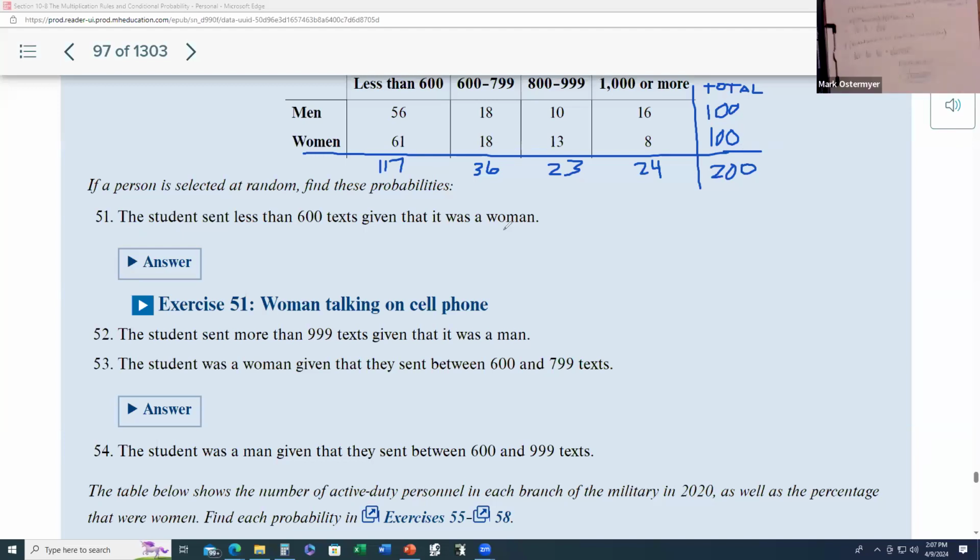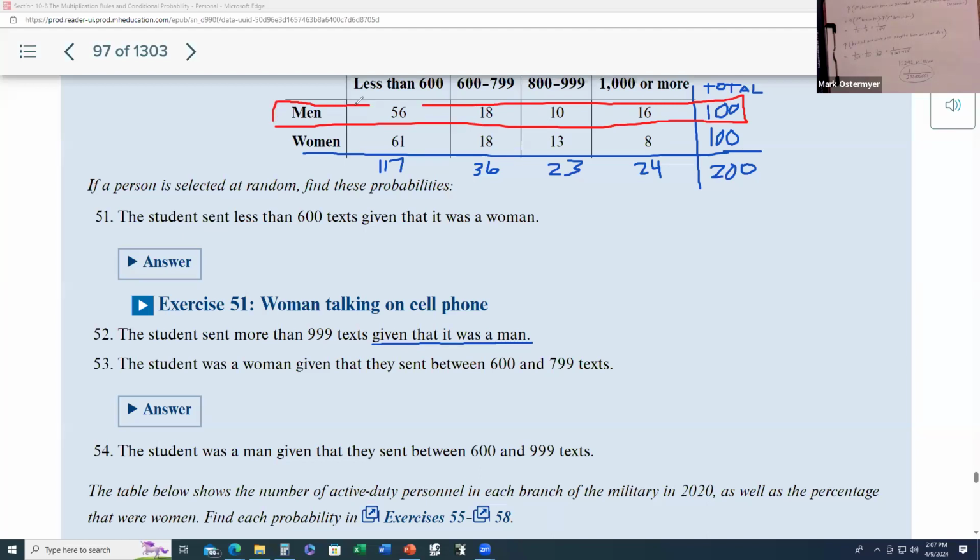All right, ladies and gentlemen, number 52, the student sent more than 999 texts, given that it was a man. What column or row are we locked into? Given that it was a man, that locks us into this column here, the man column.